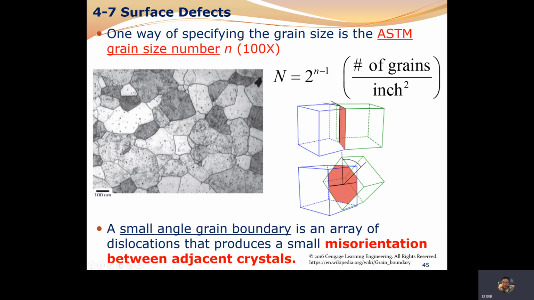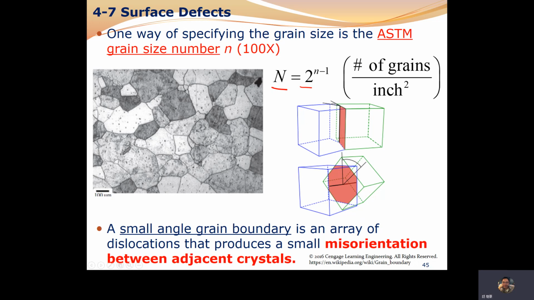And the other way of specifying the grain size is the ASTM grain size number N, when we observe it under 100 times of the optical microscope. N is defined as equal to 2 to the power n minus 1, which represents the number of grains per square inch.